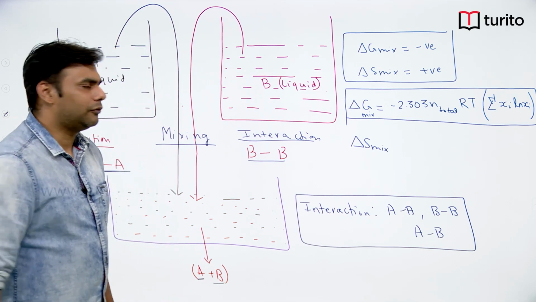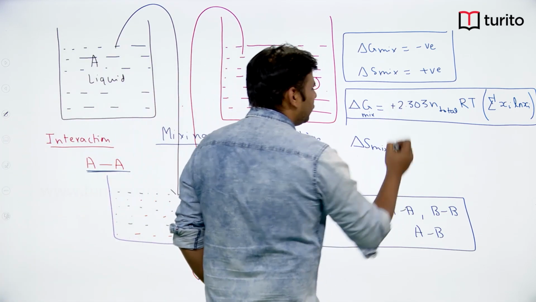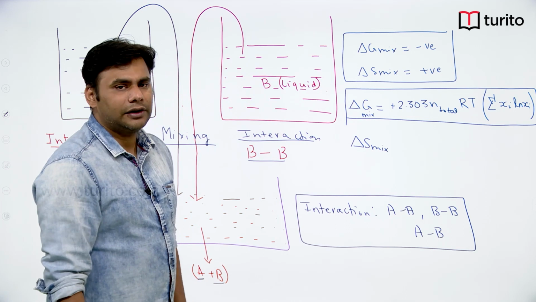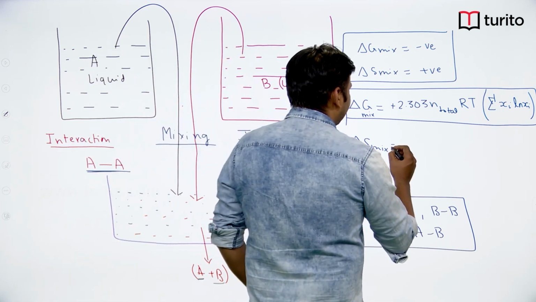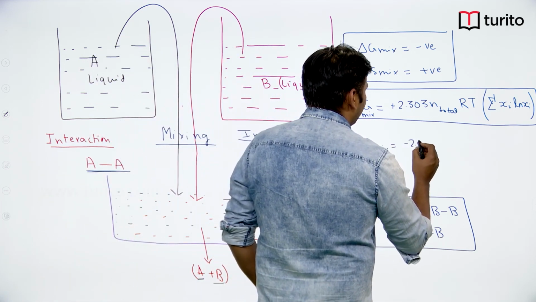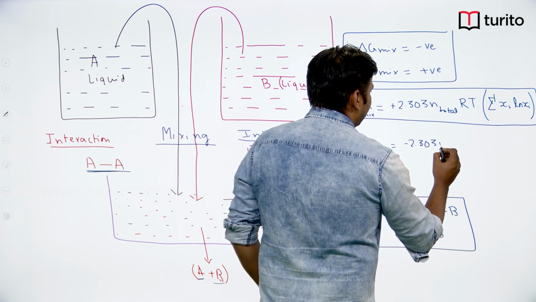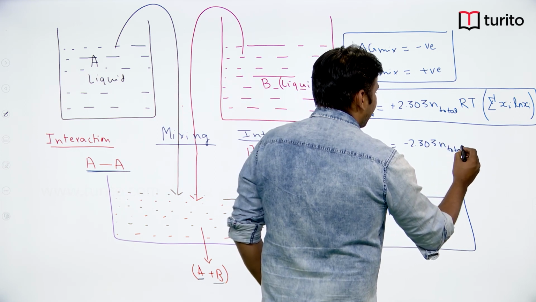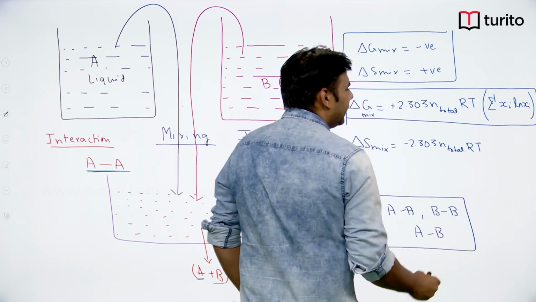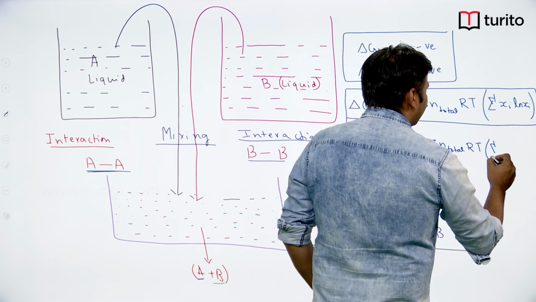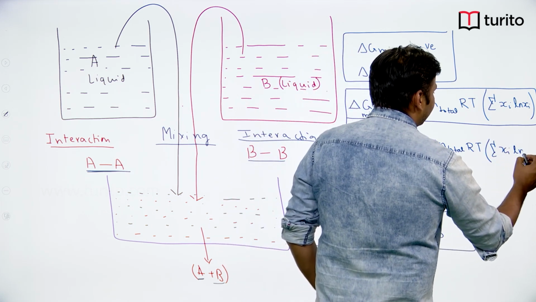So delta G mix would be, sorry, this is plus 2.303 N total RT summation of Xi ln Xi. Delta S mix would be minus 2.303 N total into R into T into summation of Xi ln Xi. Xi is the mole fraction.